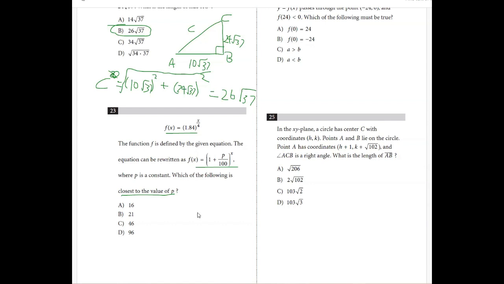So what can I do? I can rewrite this as multiplied by x.